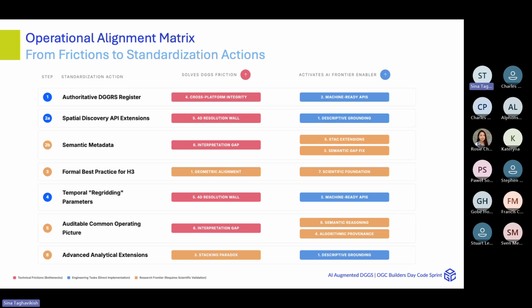It is color based: you can see the technical frictions in pink, the engineering tasks in blue, and the research, which means you're far away from it, in orange. I just wanted to highlight that, for example, formal best practice for H3, which is the most needed, is on the research side. I'm not going to take more time, so I'm going to ask you to go ahead and ask your questions if you have any.